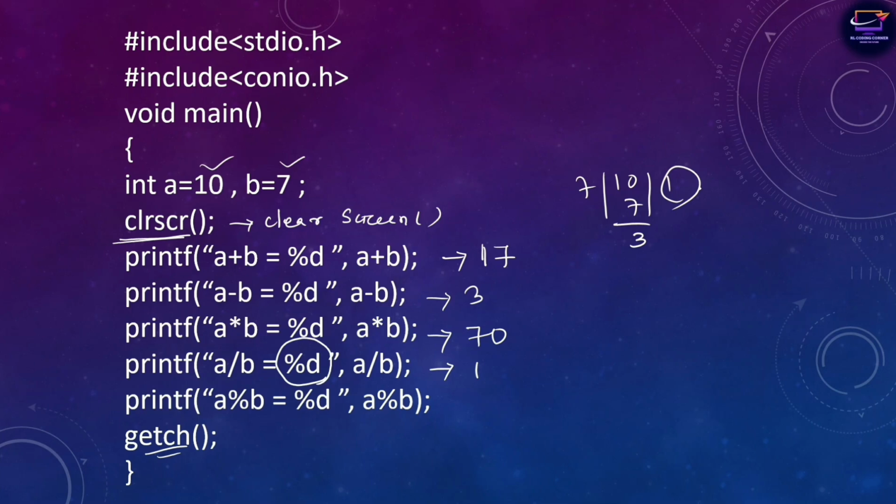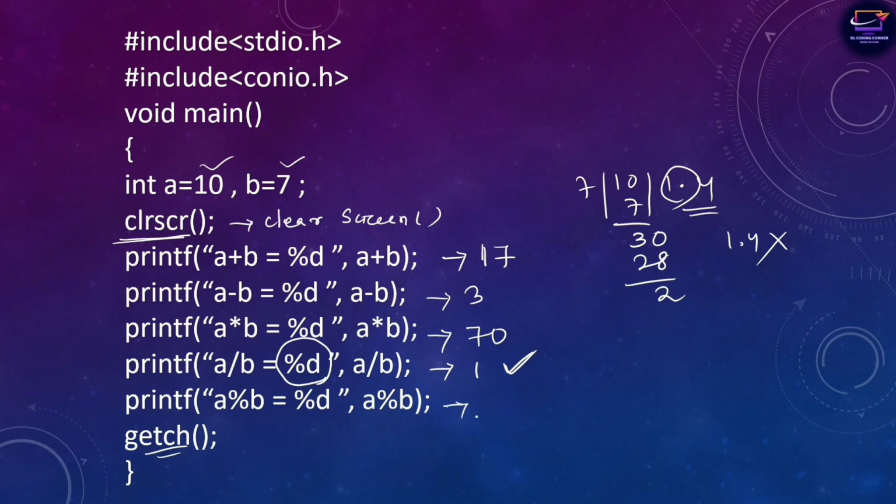If you suppose put a point and 0 here, then 7 4s are 28, then 2, so you can't write 1.4, this is wrong. Then also it will give only 1, not the decimal part, because here we are classifying the data type as integer.